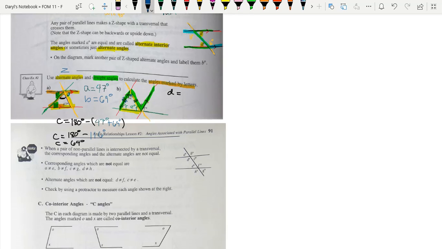So if this is 42 degrees, angle D is the alternate interior angle of that 42 degrees. Therefore, angle D is also equal to 42 degrees. The reason is that these two angles, the 42 degrees and D, are alternate interior angles, and alternate interior angles are always equal.